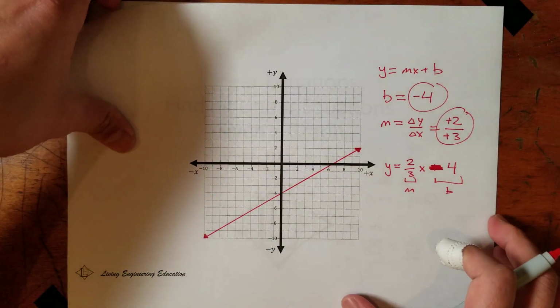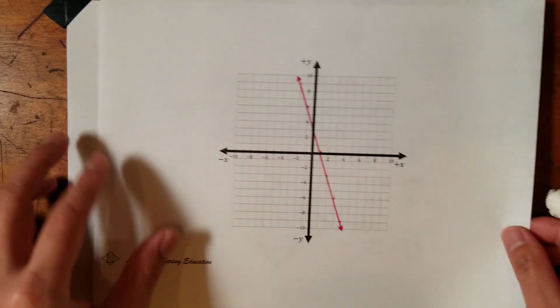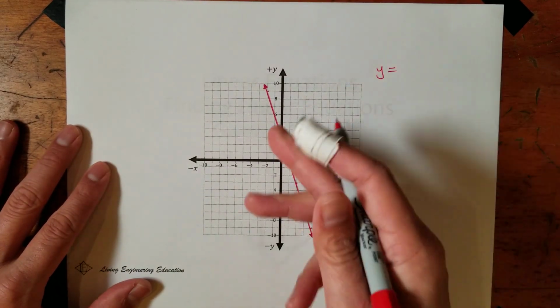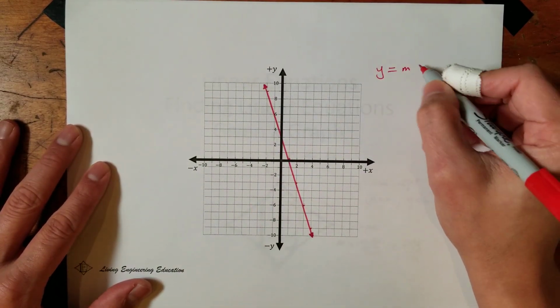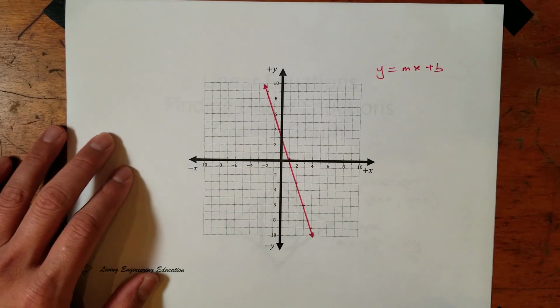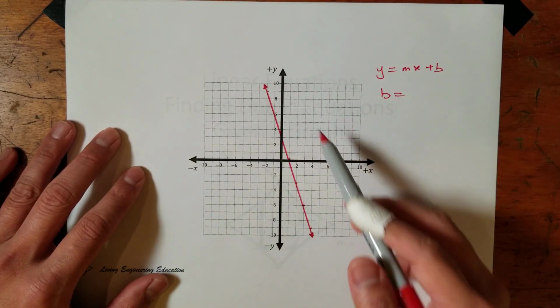Okay, let's take a look at another example problem. And just looking at this, do you think this is going to be a positive or a negative slope? So keep that in the back of your mind. Let's take a look first at what is the y-intercept.